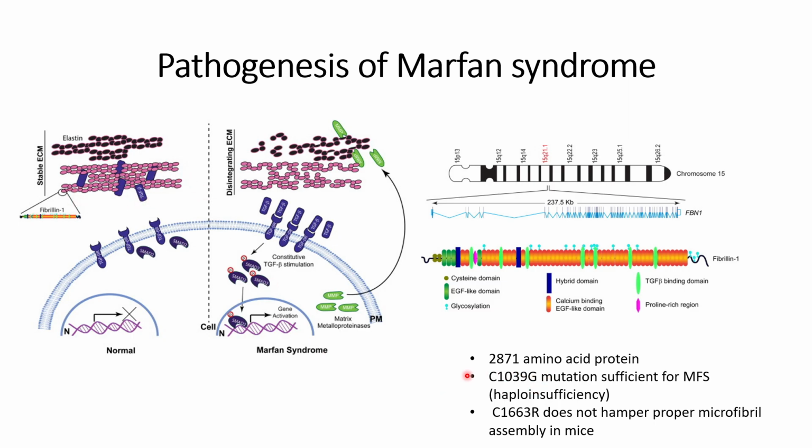Whereas if this kind of mutation occurs, it will cause haploinsufficiency, and this will lead to segregation of TGF beta and fibrillin 1, and that will finally affect elastin through the upregulation of MMP, or matrix metalloprotease, and more specifically matrix metalloprotease 9, which is upregulated in the case of Marfan syndrome, and that will lead to dysregulation and disintegration of the extracellular matrix.